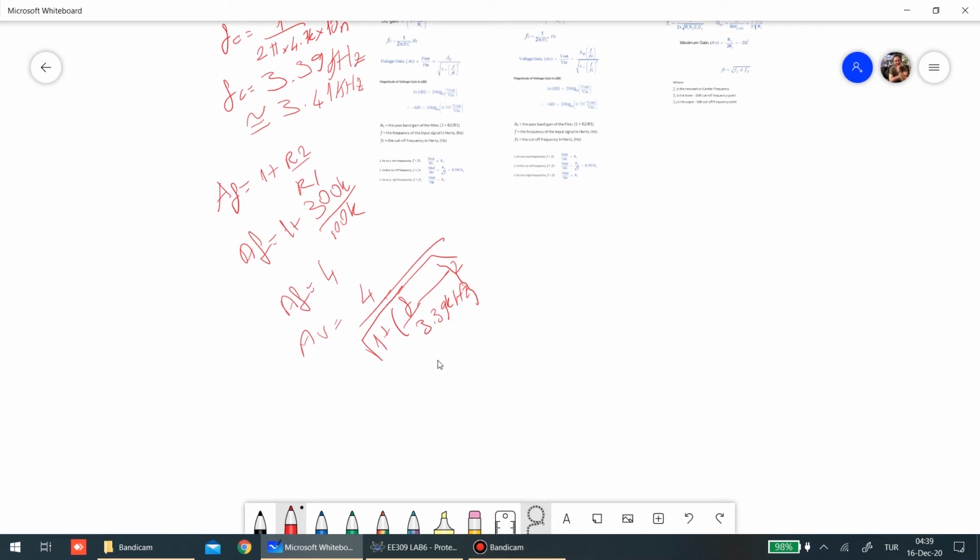If you take F as cutoff frequency, AV will be 4 over square root of 2, and it will be 4 times 0.707.